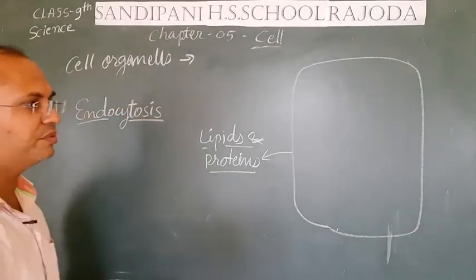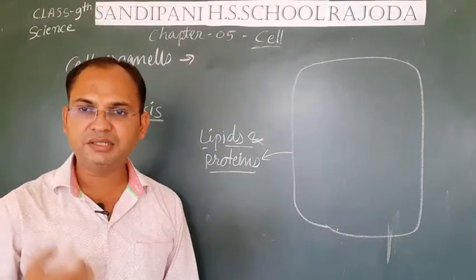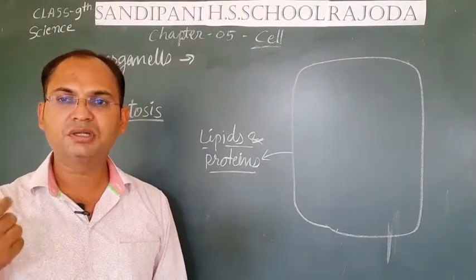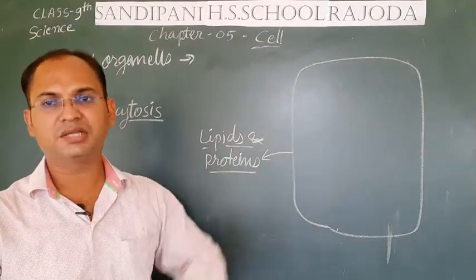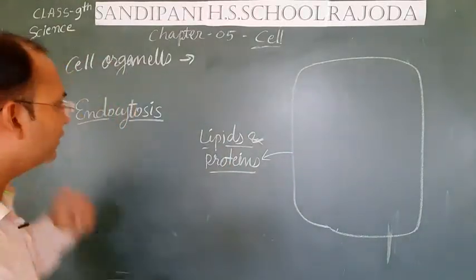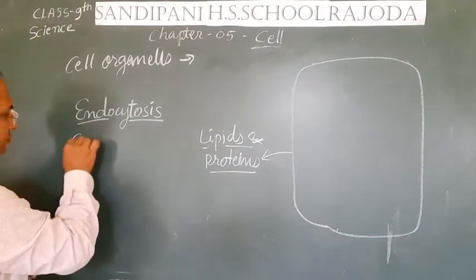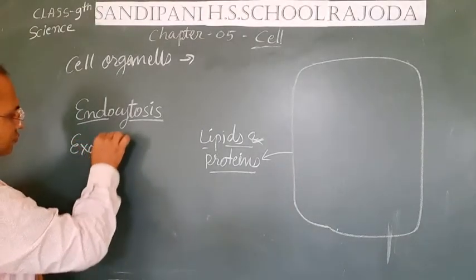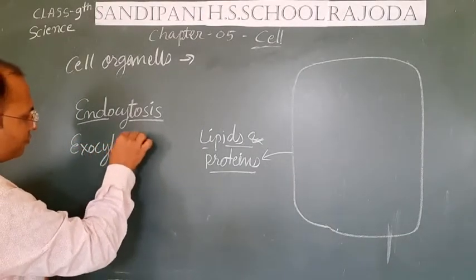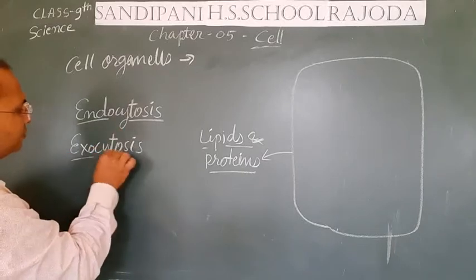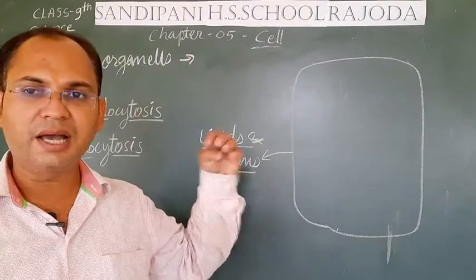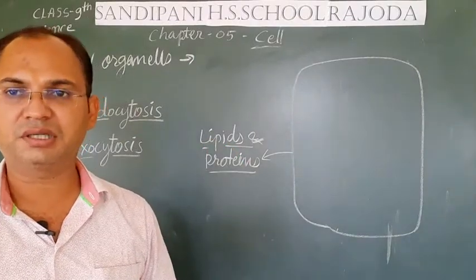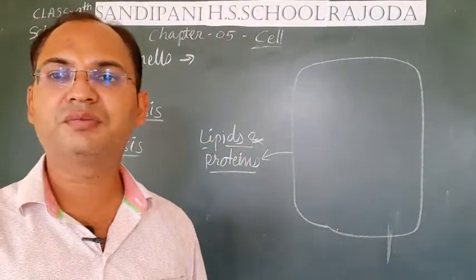Endocytosis means intaking food by unicellular organisms, or the movement of food particles inside the cell. And exocytosis is the process in which substances are given out from the cell.